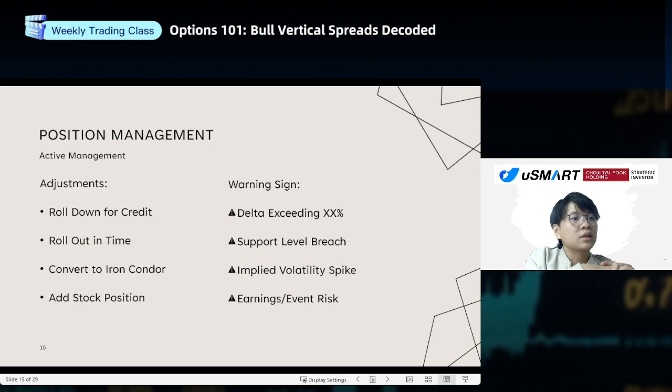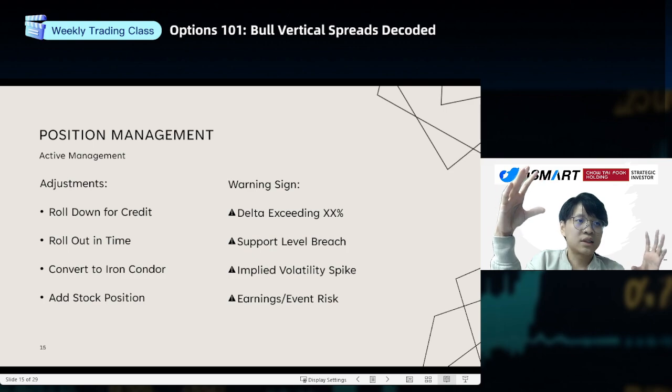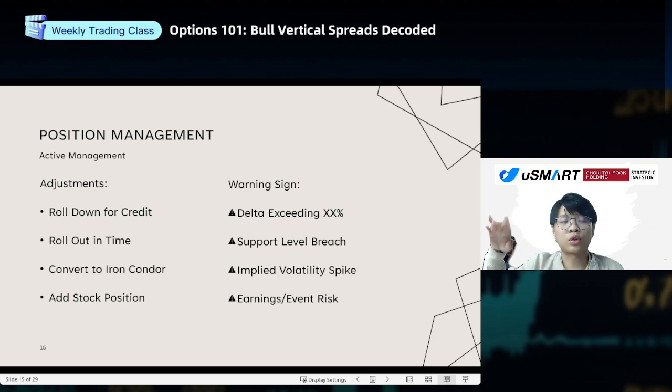And the second is the support level break, because we already said that this strategy is actually targeting a bullish or neutral outlook. So if a certain support level is broken, then it means that there might be a reversal in trend or a market switch of structures.